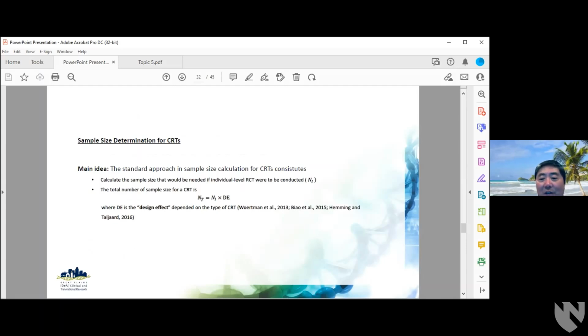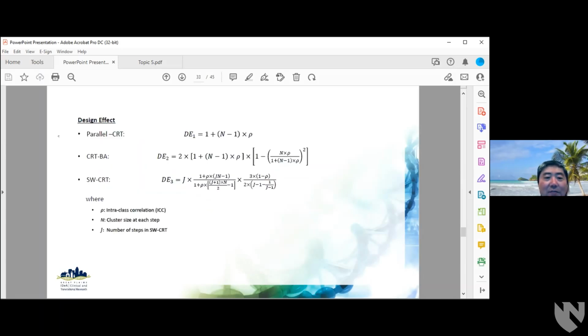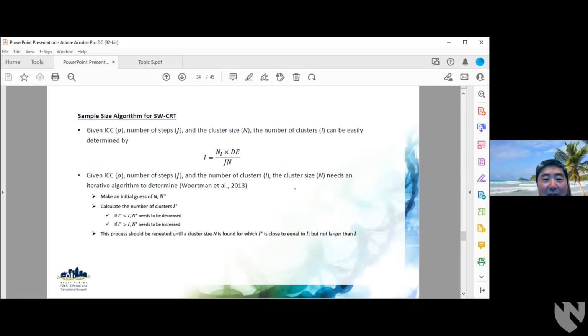That's going to be the total sample size for the cluster randomization. So you have parallel CRT, CRT-BA, CRT-SW, step-wedge CRT; the more complicated it gets, the more complicated the design effect. I mean, design factor. So that's how you calculate the sample size.